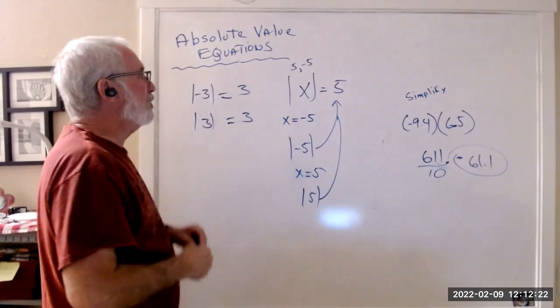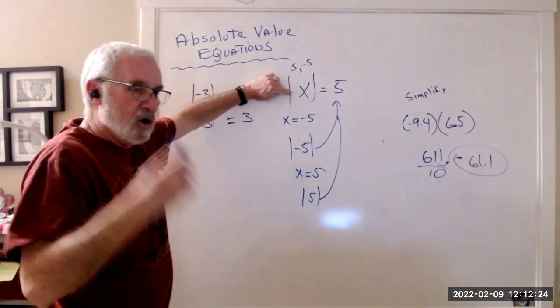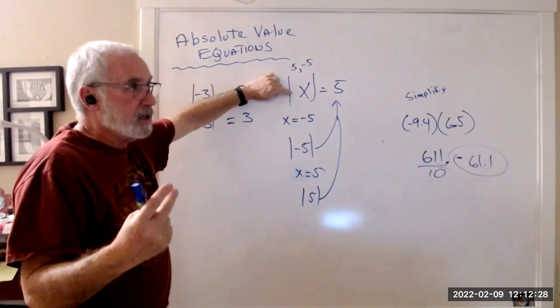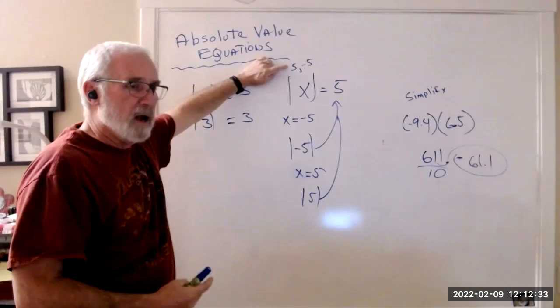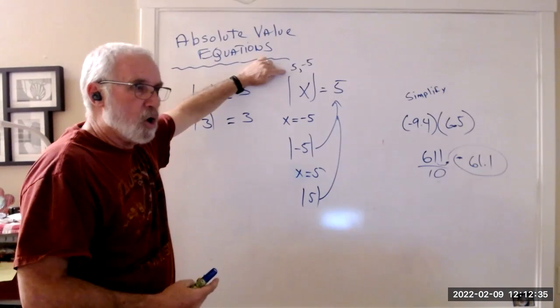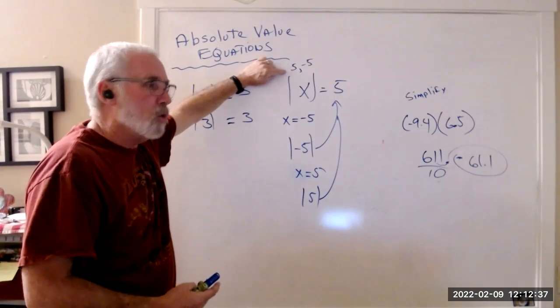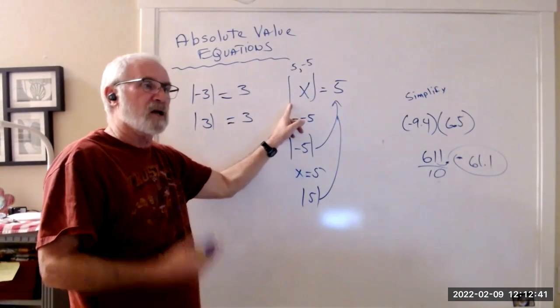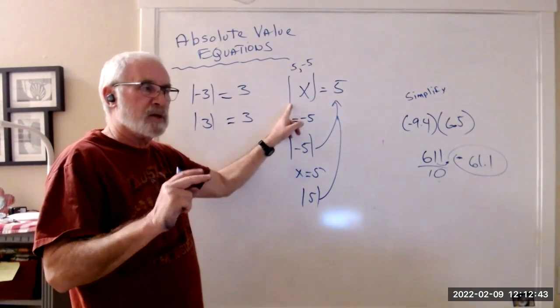So an absolute value equation, 999 times out of 1,000, always has 2 answers. Always, because we only know the answer was 5, we don't know what was inside. So we have to take both of them into account.